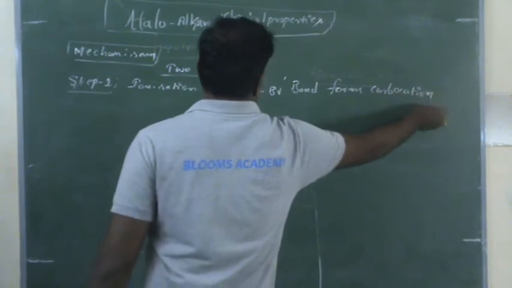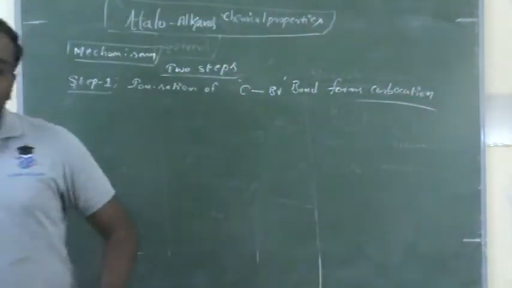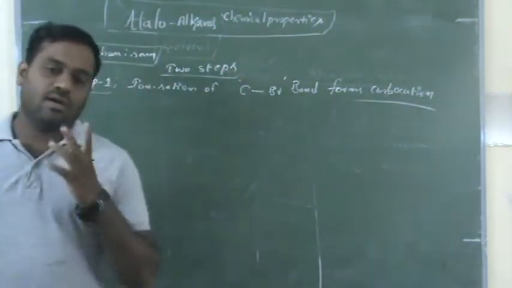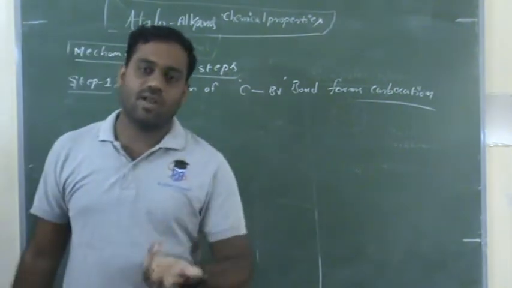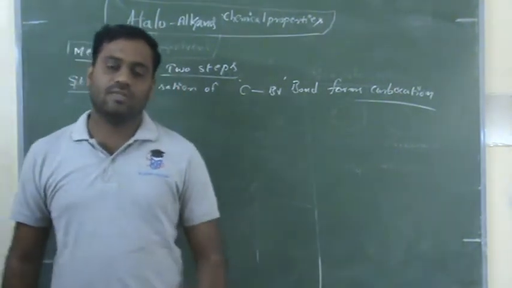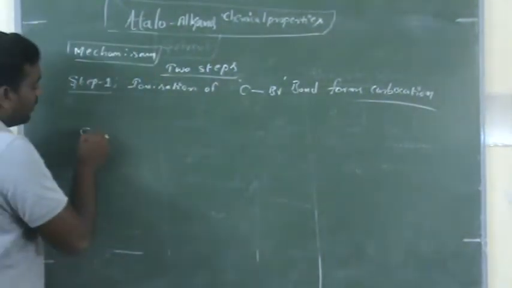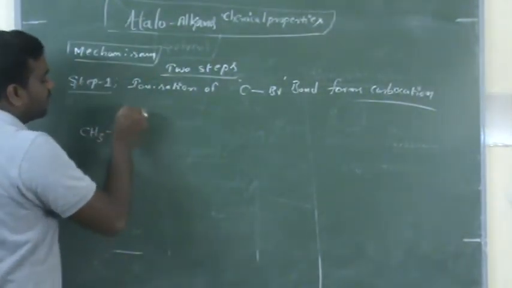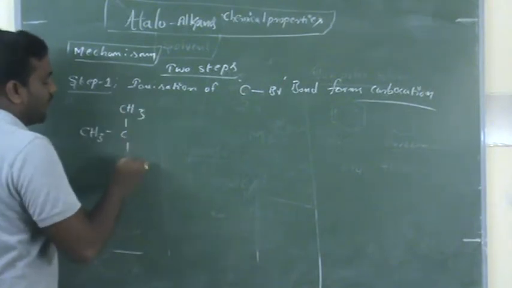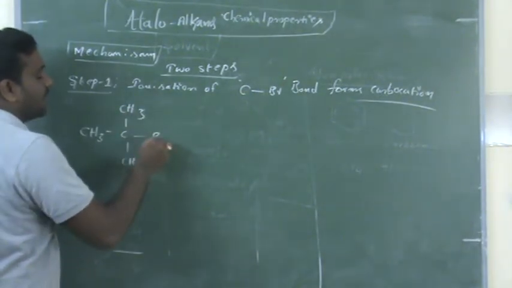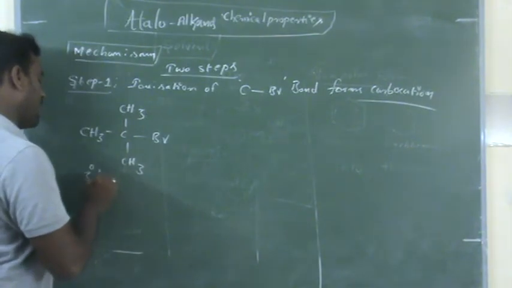Can you tell me the meaning of carbocation? Carbocation is nothing but where there is one positive charge on carbon. In the first step, take our tertiary butyl bromide: CH3, CH3 and CH3 on carbon, and Br. This is tertiary butyl bromide.